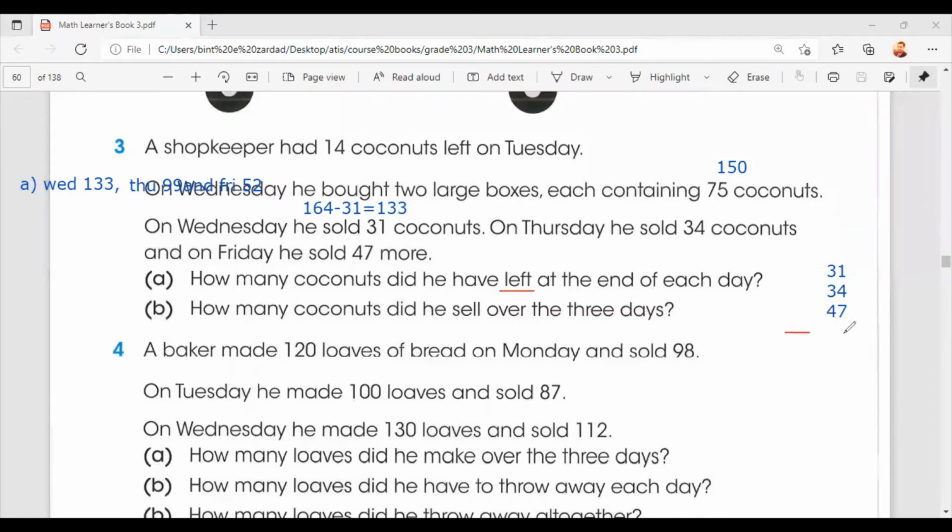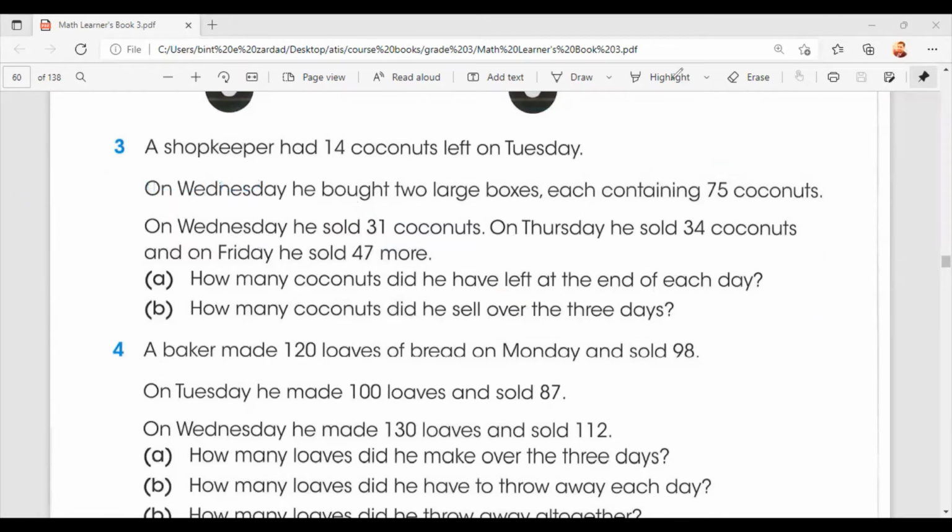We need to add these three numbers. 7 plus 4 is 11, plus 1 is 12. So write 2 down, carry 1. 3 plus 3 is 6, 6 plus 4 is 10, plus 1 is 11. So 112.